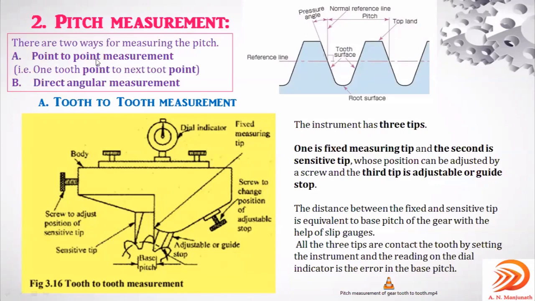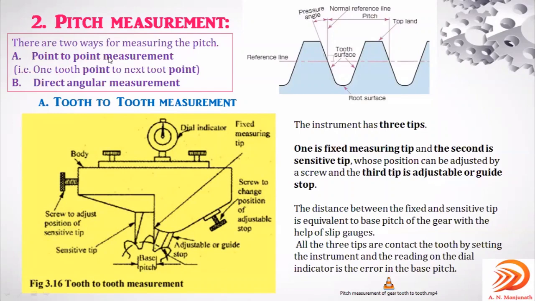The first one, point to point measurement, is from one point to another point. Those points are nothing but tooth point to tooth point, that is, one tooth point to the next tooth point. That's why it is point to point.